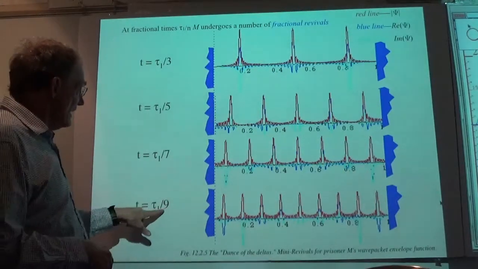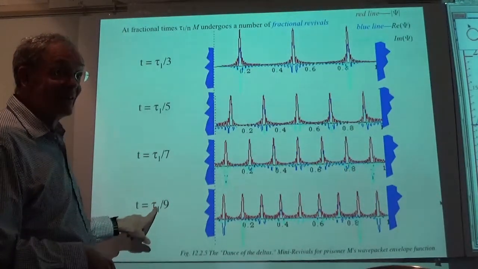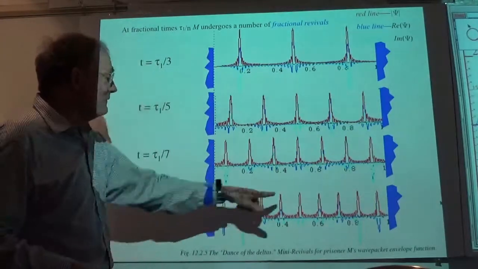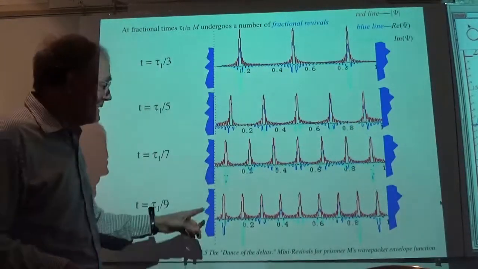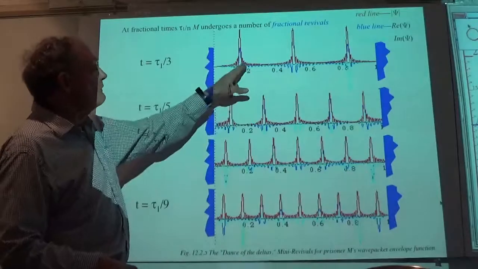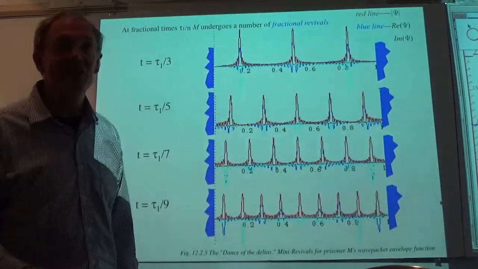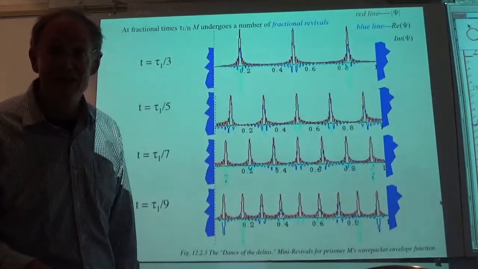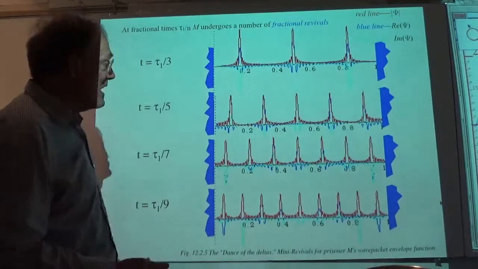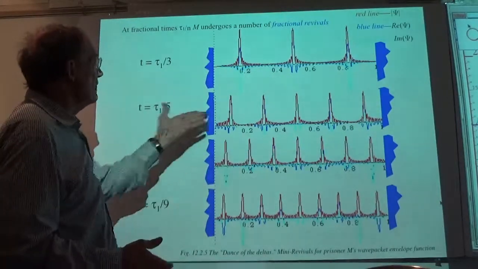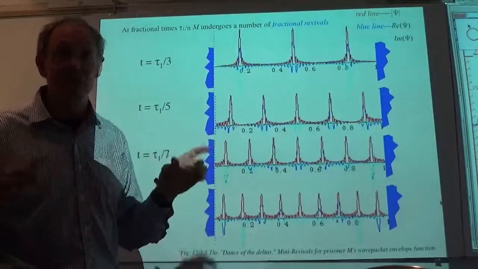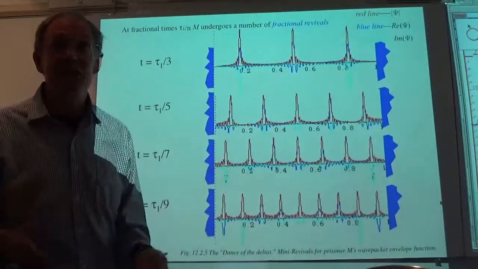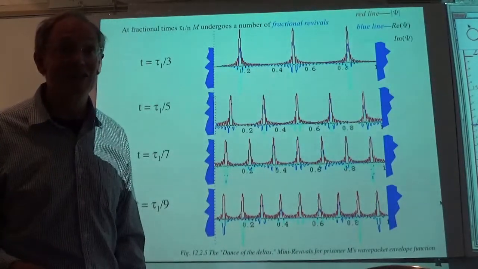Here at 1/9 of that period, they all pop up, 9 of them. Nine copies of whatever Fourier distribution that I started with, provided it's narrow. 9 copies, 7 copies, 5. What's going on here? Well, they're fractions. This is how you make this space-time fractal.